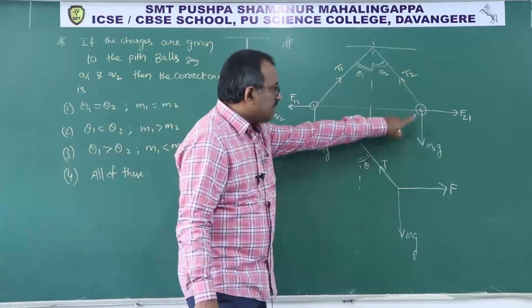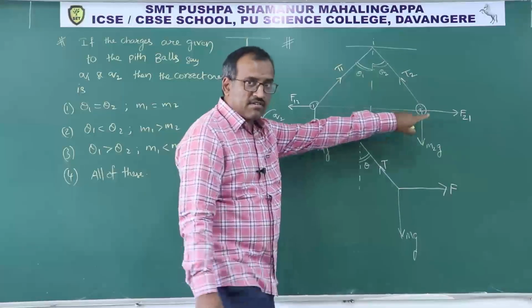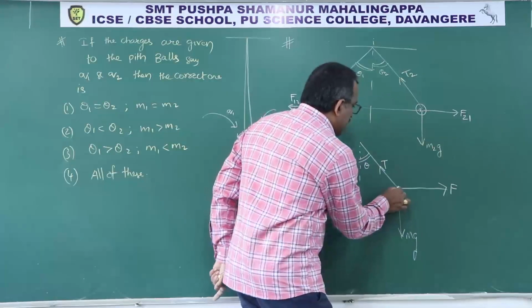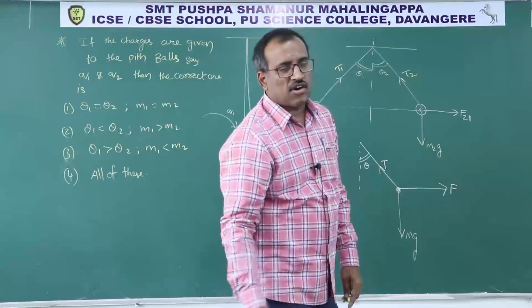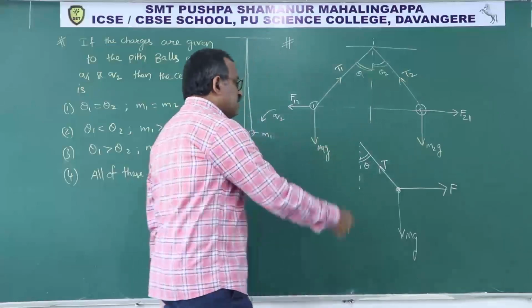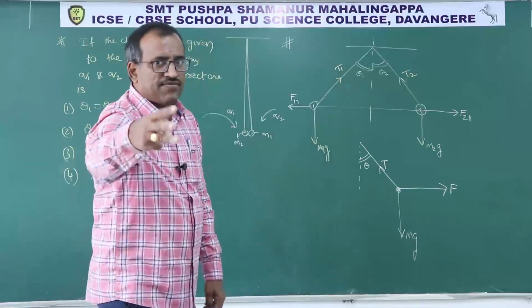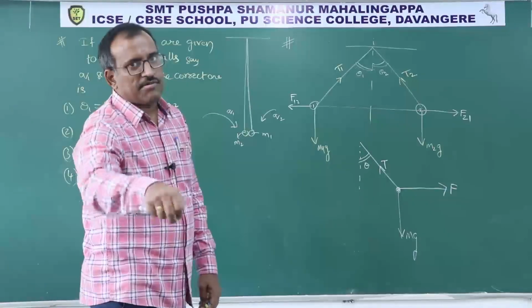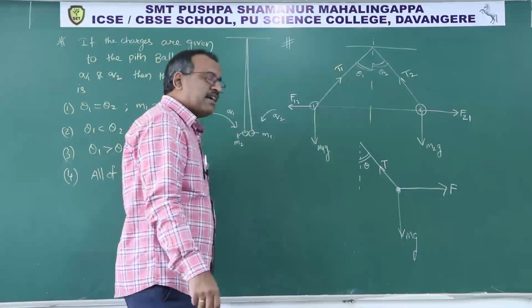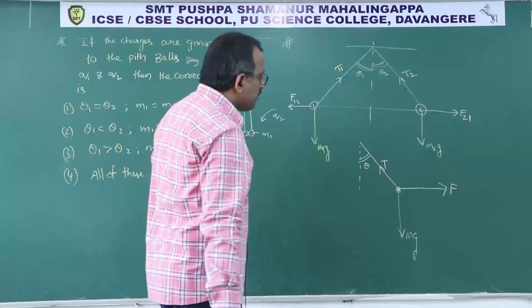At equilibrium, it will stay there. At equilibrium, this particle is at rest and all forces are balanced. You can see the diagram. Three forces are acting and they are settling the body in equilibrium. Hence all forces are balanced.